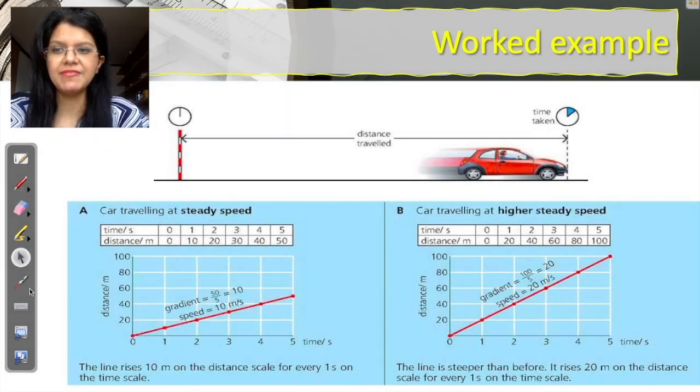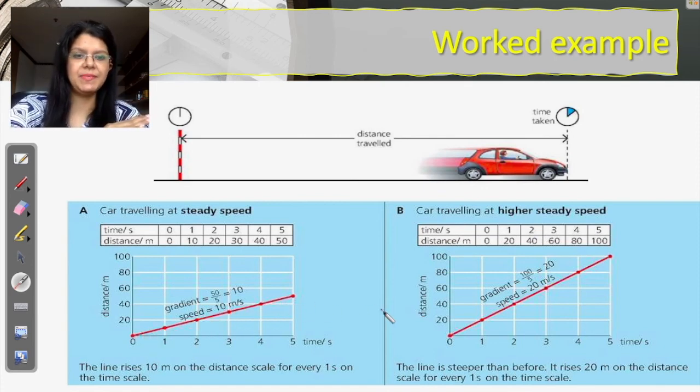Now the second graph again, it's a constant speed, but a higher constant speed. What do you see is happening to the gradient? The steepness of the line, gradient which is same as the steepness of the line, it is going up.